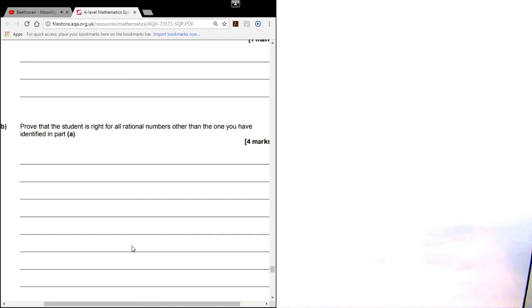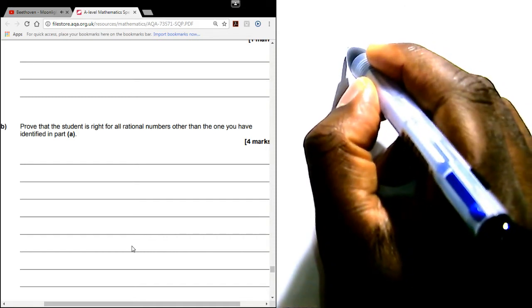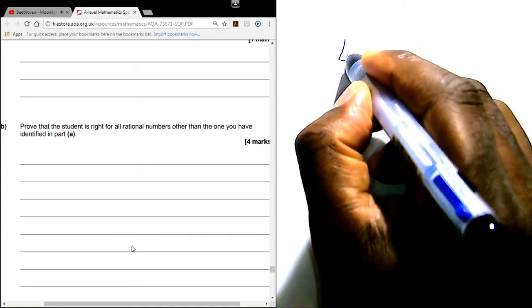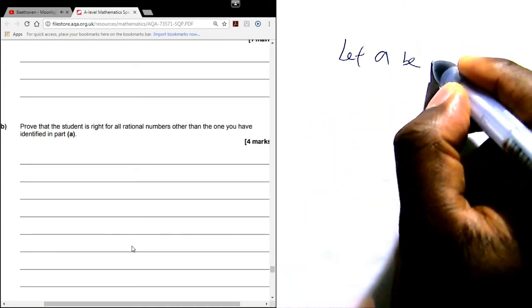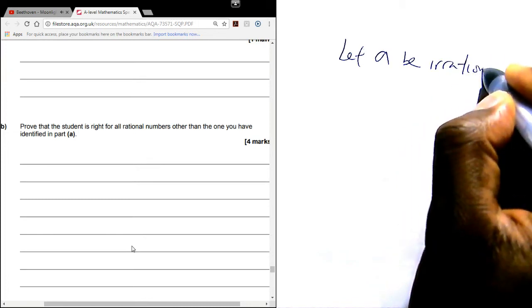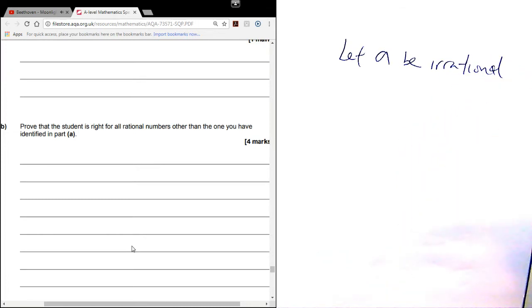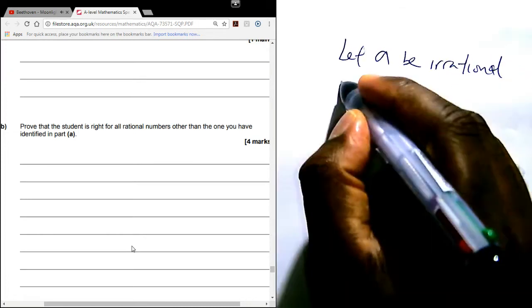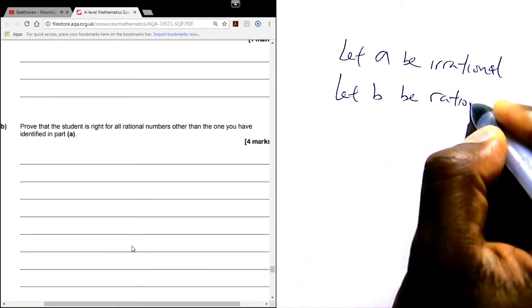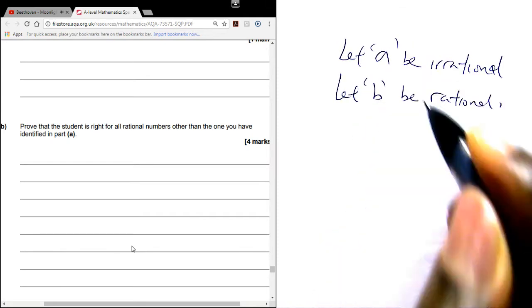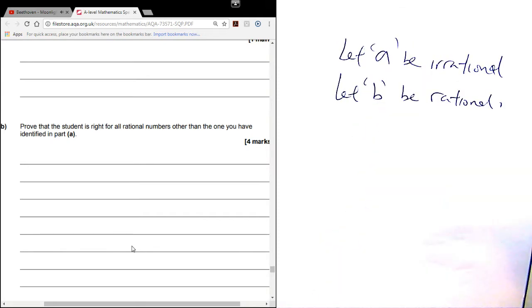Don't generalize. So let's argue that let A be irrational. Okay? Let B be rational. Okay? Is everybody happy? Now, let's have A as irrational.